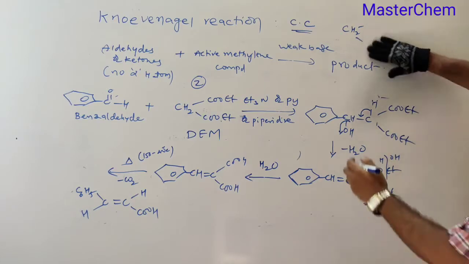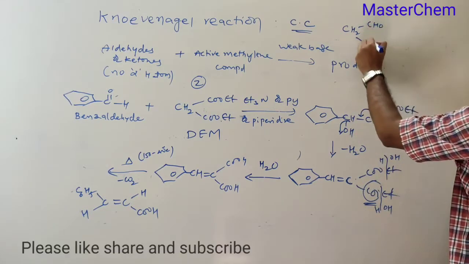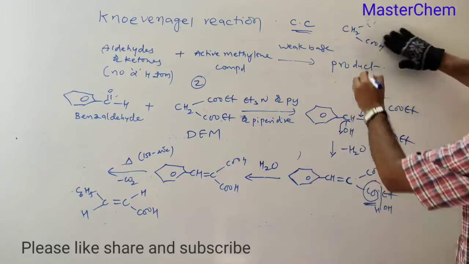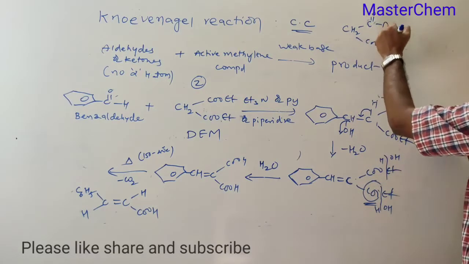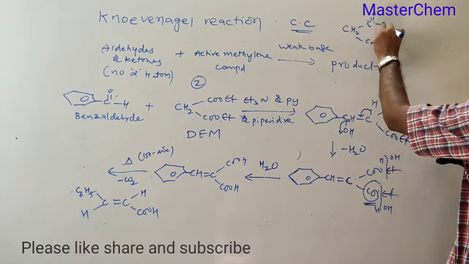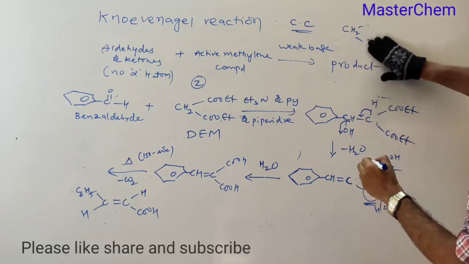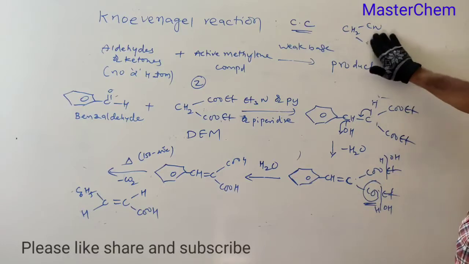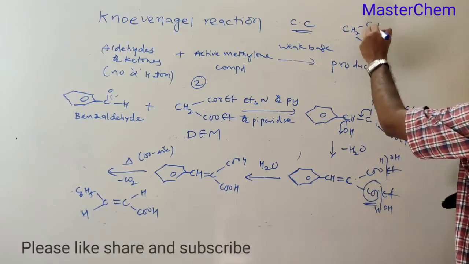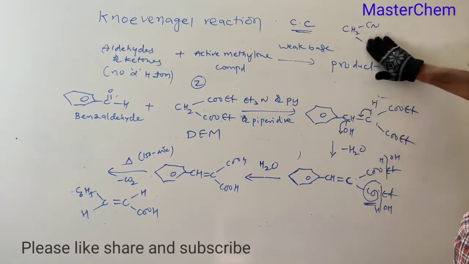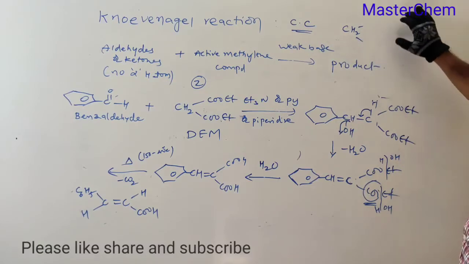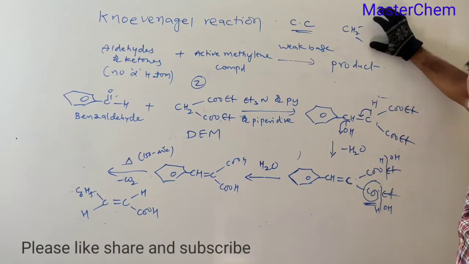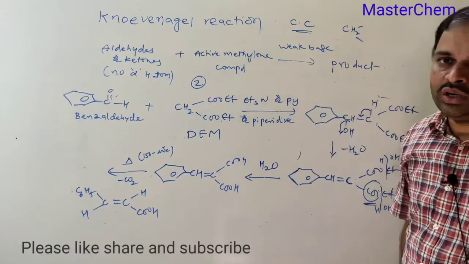These may be CHO, COOH, COR, COOR, CN or NO2. All these are electron withdrawing groups, and whenever CH2 is attached to them, that is called an active methylene compound.